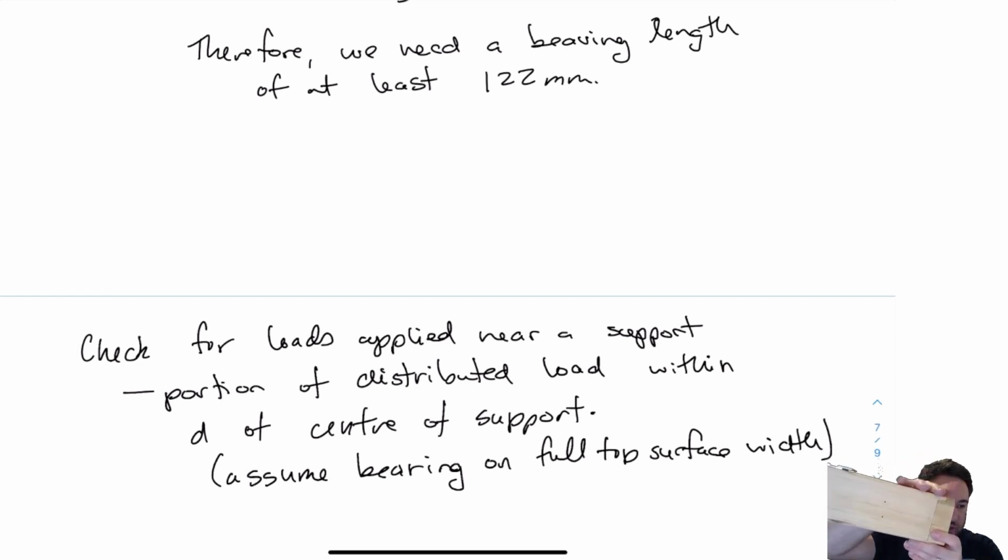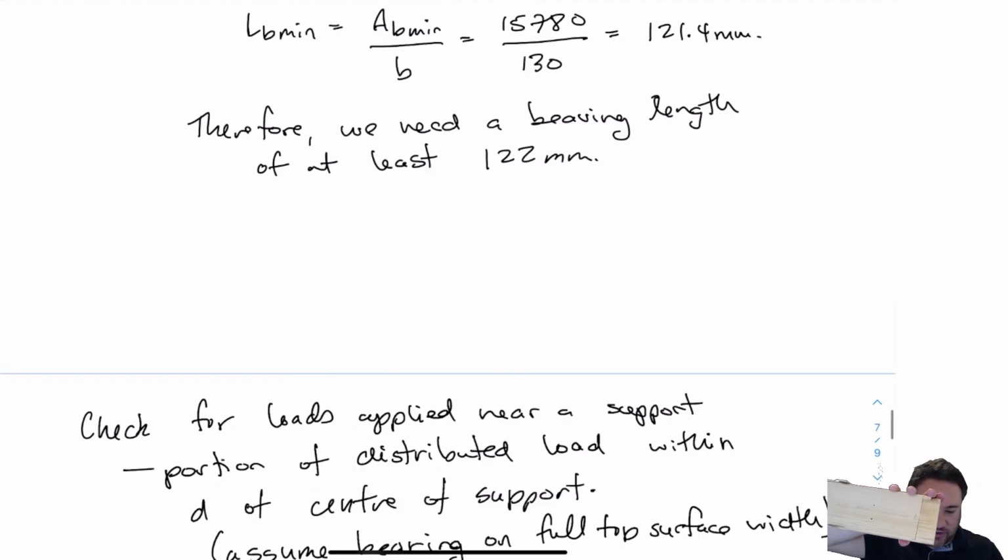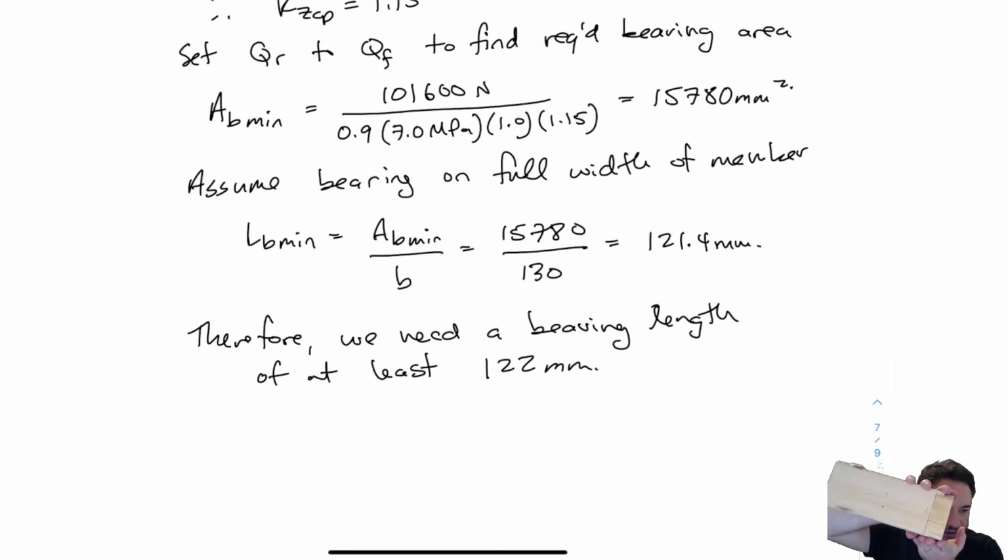And so again, we're going to assume that the load on top here within D of the support is bearing on the full surface, so the full width of this beam. So we're going to assume that the width of that bearing is just B. And on the bottom, we're going to assume that we have the bearing length and width that we just assumed when we calculated the minimum bearing length and width that we need on the bottom using the effect of all applied loads checked.